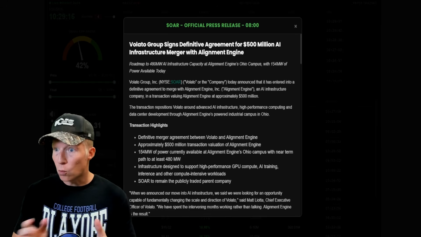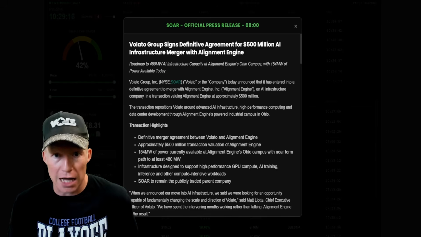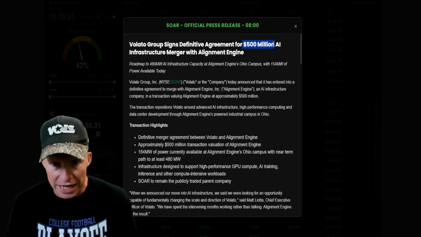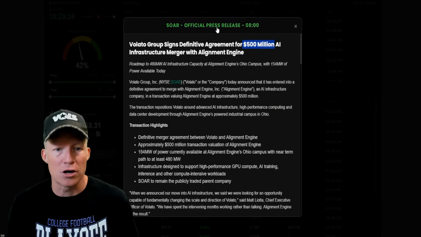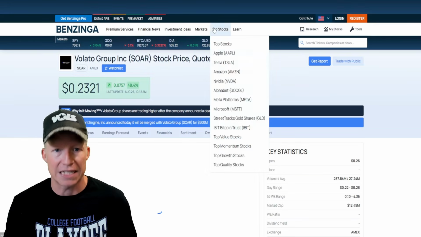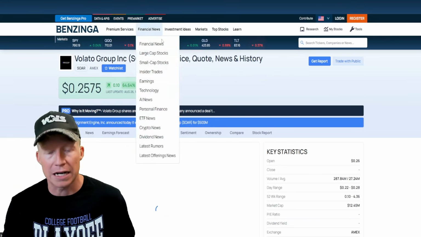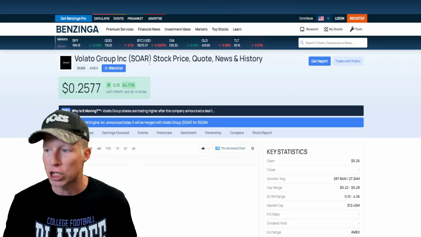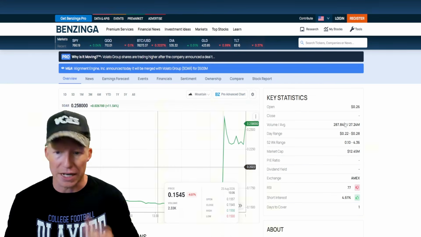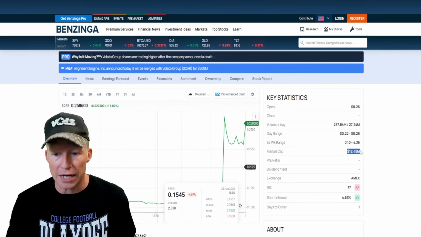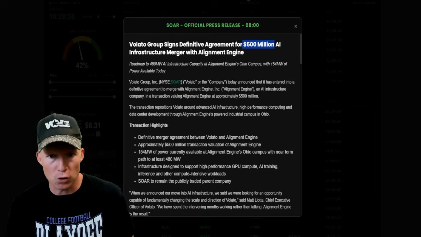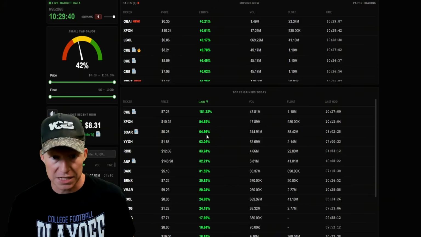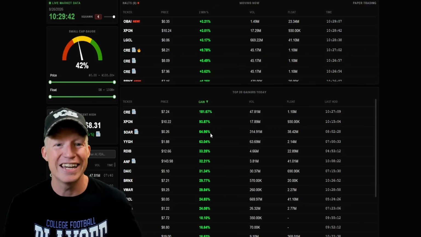And what I do when I see a large dollar amount in a news headline like this is I look up the company's valuation. In my stock scanner, if you click on this green text at the top, it takes you to the Benzinga page for the information about that stock. We can come down here and we can see the market cap of this company is $12.5 million. But of course, the stock is up 65% on the day.